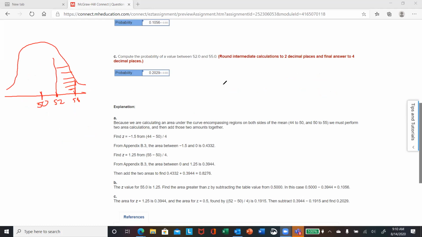We already know the z-value for 55 is z equal to 1.25. For the z-value of 52, again, you take 52 minus 50, divide that by 4. Your z-value of course would be 0.5.